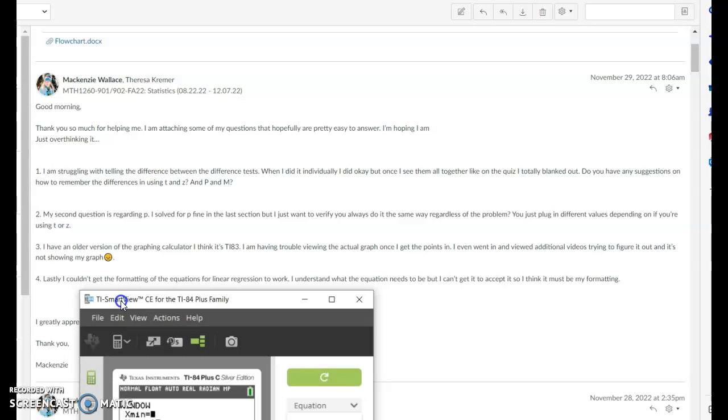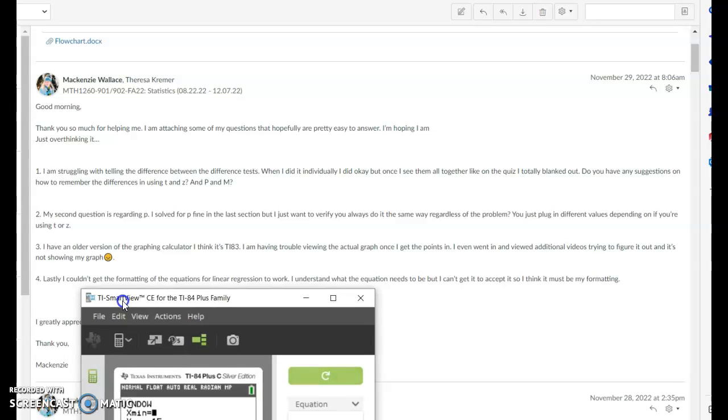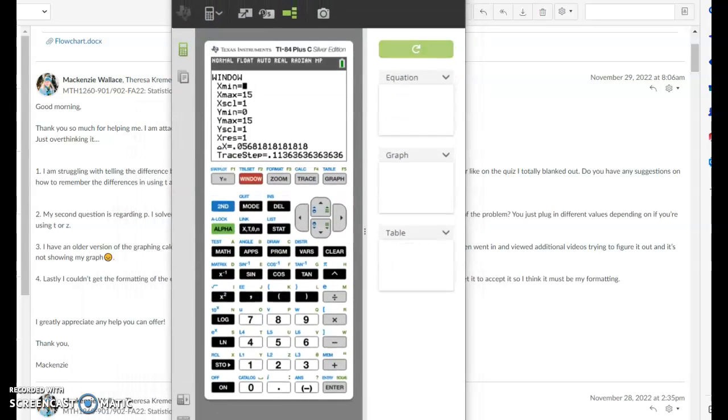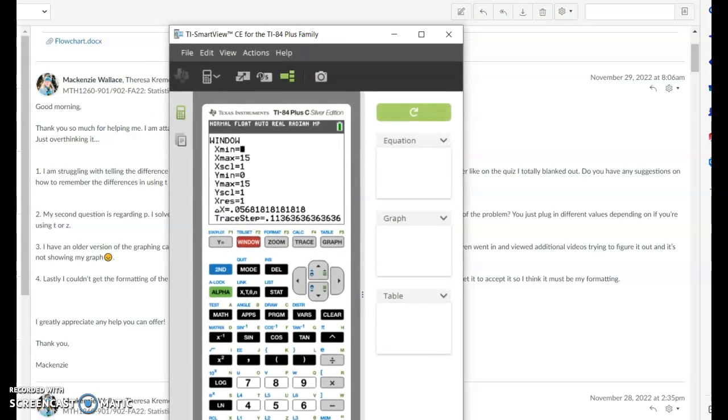You understand what the equation needs to be, but you can't get it to accept it. So I'm not sure what you mean by formatting there. I'm not sure if you are saying that you're getting your equation, but you're not typing it into the online homework correctly. Let me just kind of go look here.